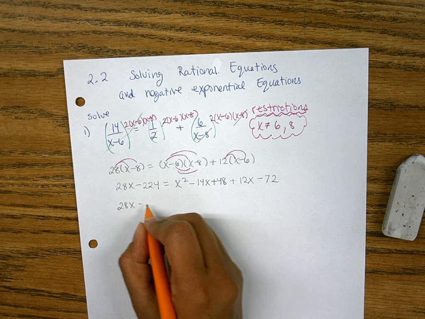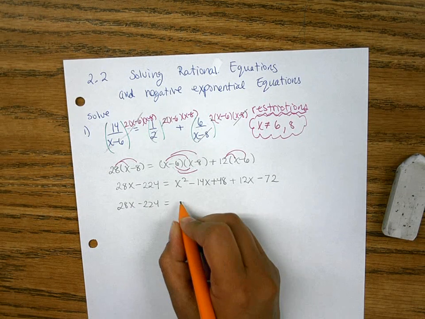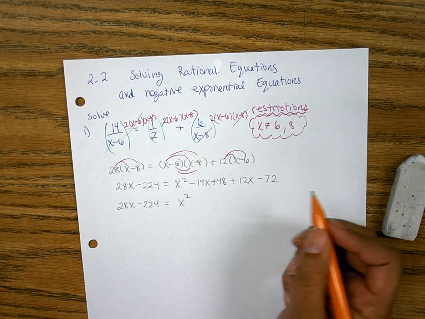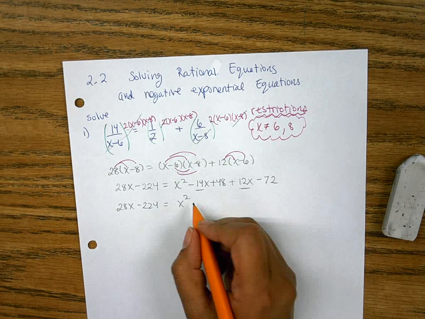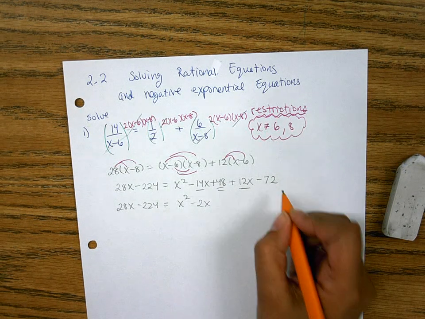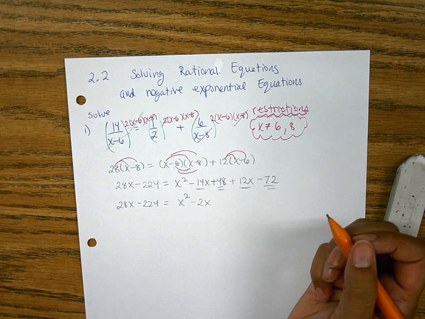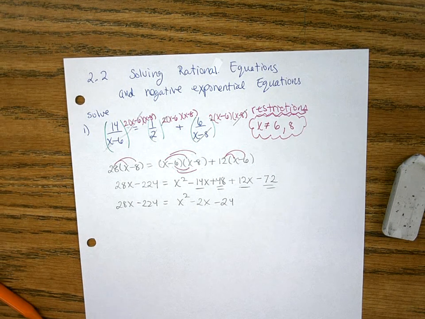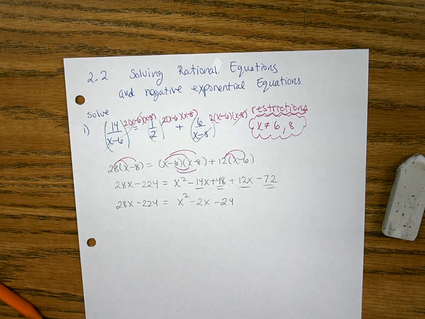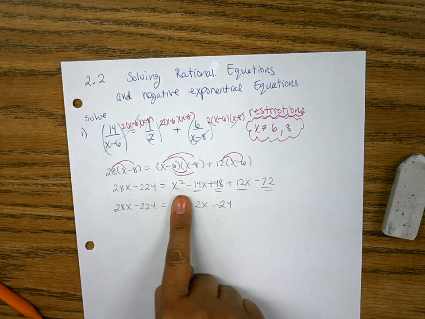I can see that I have cleaning up on this side to do. This side there's nothing, so I'm just going to leave it. 28x minus 224 equals x squared. Those right there are like terms, leaving me with negative 2x. 48 and negative 72 are like terms, leaving me with negative 24.